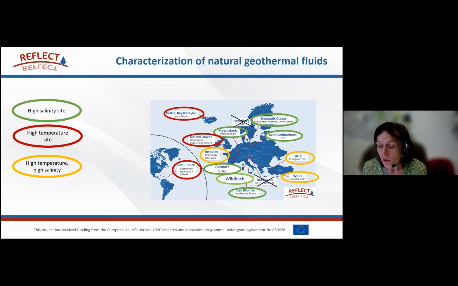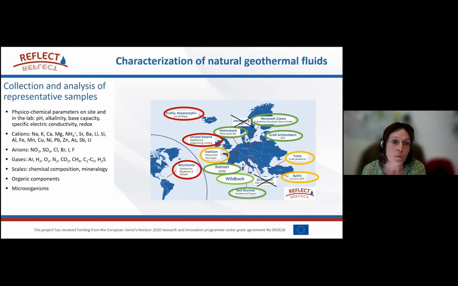But for doing so, we want to understand, of course, the properties of the natural geothermal fluids. Within the project, we have a couple of geothermal sites: high salinity sites marked in green here, high temperature sites marked in red, and some sites that are both high saline and high temperature. At these sites, we did a very detailed characterization of the geothermal fluids.